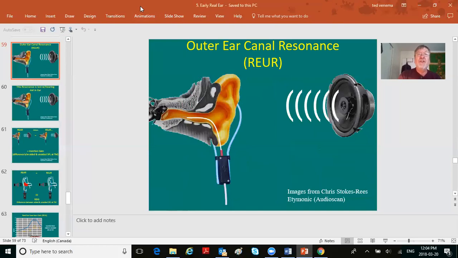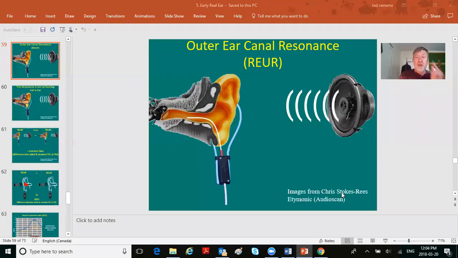In English, half a centimeter is half of my fingernail. If my fingernail is about 1 centimeter wide, half of my fingernail, the tip of the tube should be darned close to the eardrum. And then, and only then, will you not lose all kinds of high frequencies in your resonance.